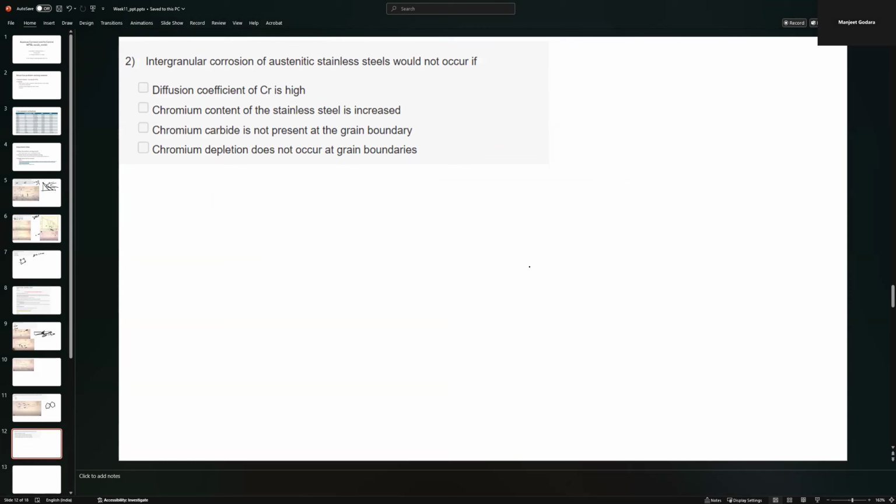So again, IGC, why do we have IGC? The rate of diffusion of chromium is much less than carbon. So near the grain, chromium will diffuse toward the grain boundary, where it will react with the carbon to form carbide precipitates.